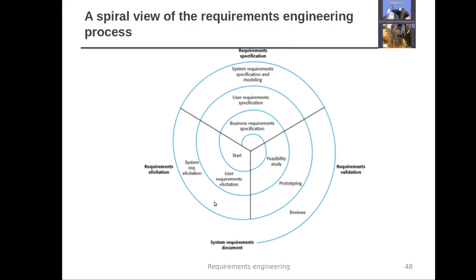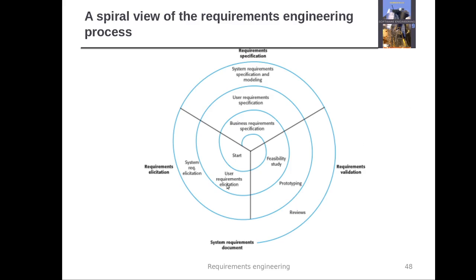Let me show you a spiral view, where you start with getting a business requirement specification. This will be an abstract requirement. Then you do a feasibility study, that for this kind of requirement I will use such technologies, and we will need such software engineers. Whether it is feasible, yes, it is feasible.